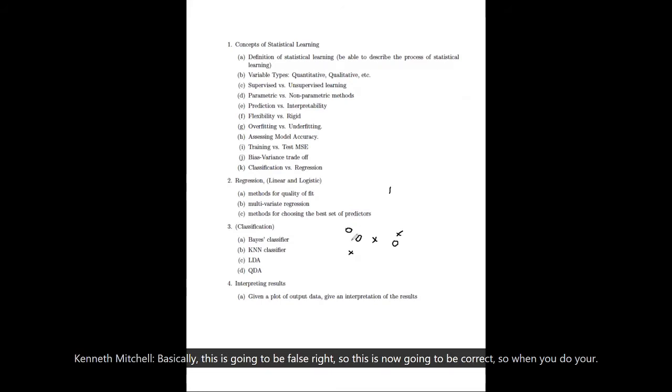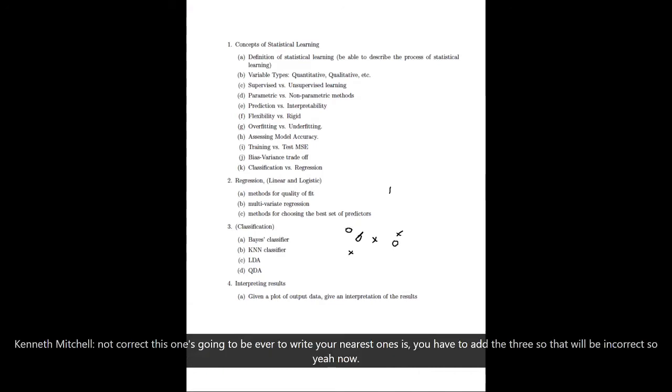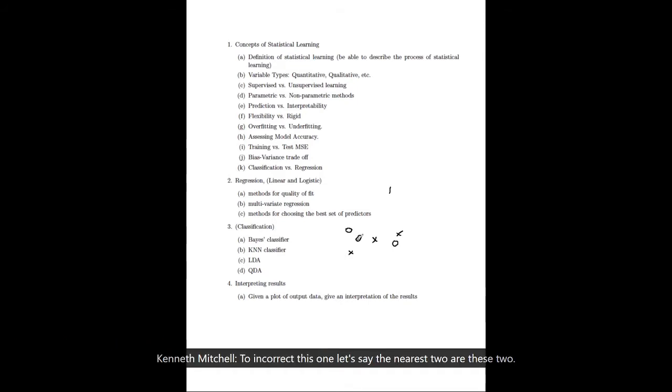So when you do your test on that, or your validation, that one's going to be not correct. This one's going to be error 2, right? Your nearest ones, you have 2 out of the 3. So that will be incorrect. So you have now 2 incorrects.